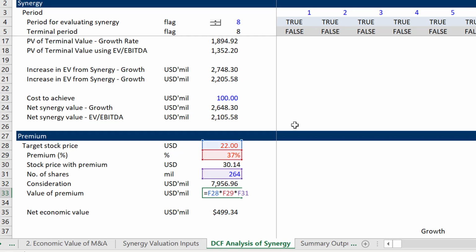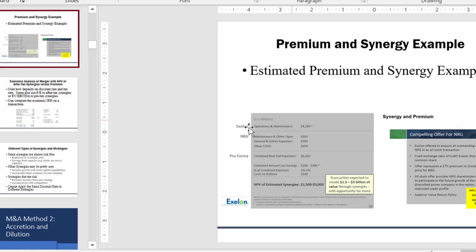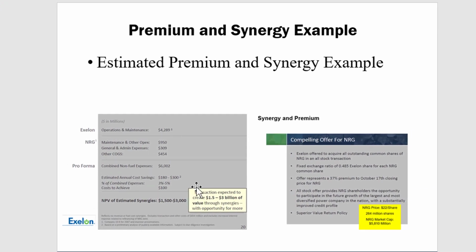And then the premium is the amount on top of the current market capitalization. So we have 2.14 billion in a simple calculation of the premium. And if you believe this value of the synergies, well, I suppose the high side of the synergies might be something like this.